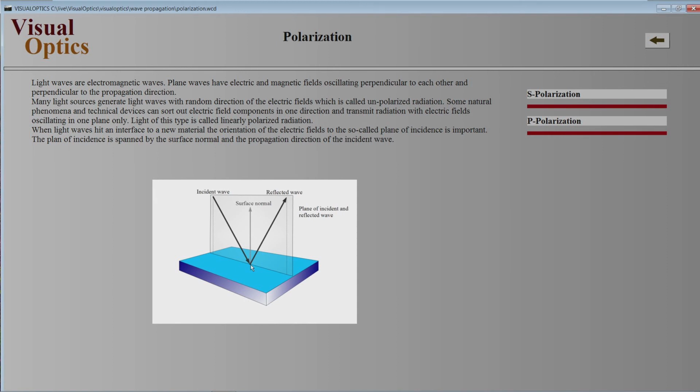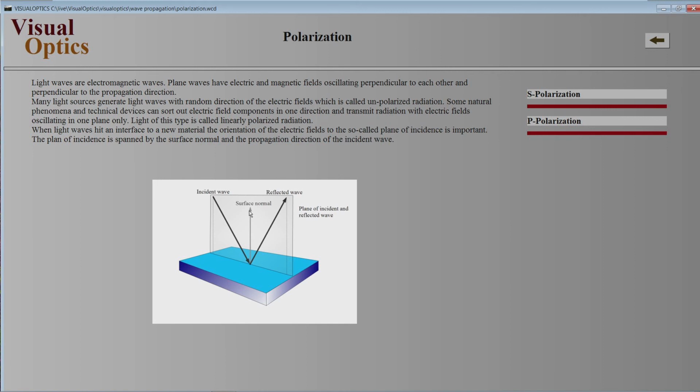There it doesn't really matter in which direction the electric field of the light wave is oriented. Basically, if light is approaching from the top downwards, the electric field of the light wave is in the plane of the interface here, is always perpendicular to the propagation direction.